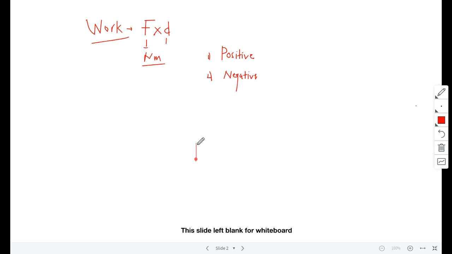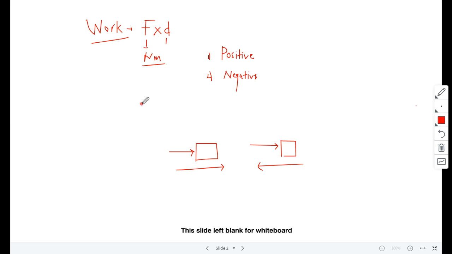Suppose this is an object and I have exerted a force in this direction and the body also displaces in this direction, then this is said to be positive work. And negative work is that if you apply a force in this direction but the body displaces itself in the opposite direction, then such kind of work is known as negative work. Is this clear? Yes.